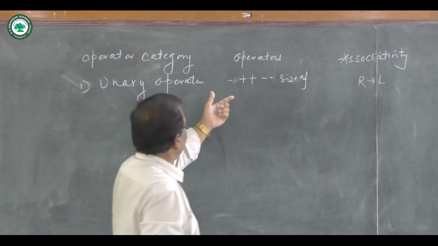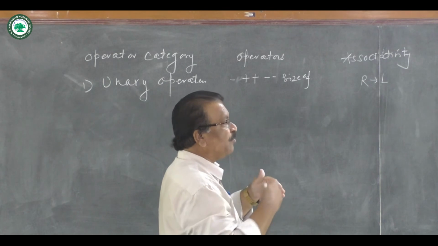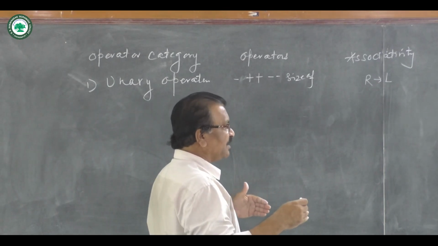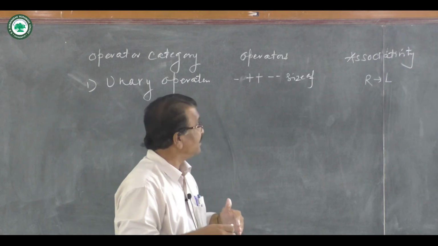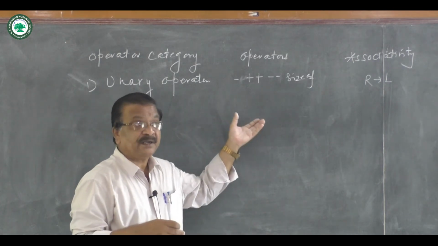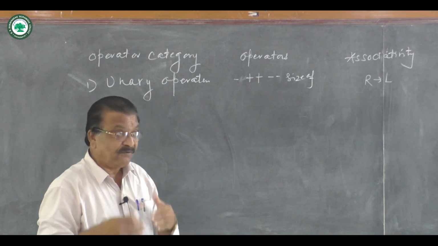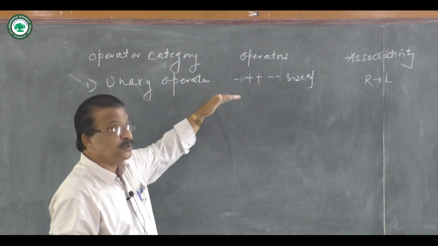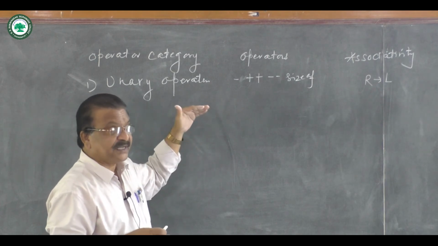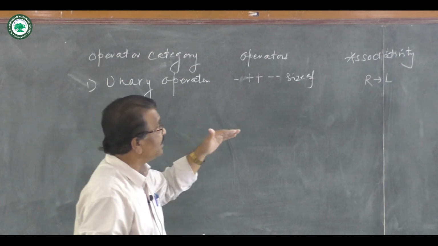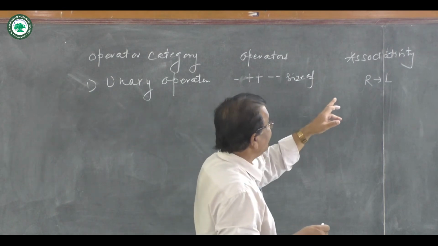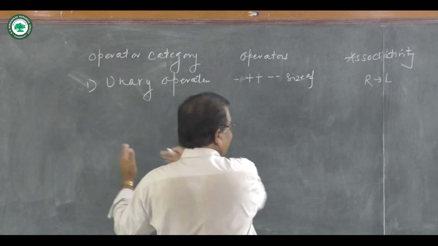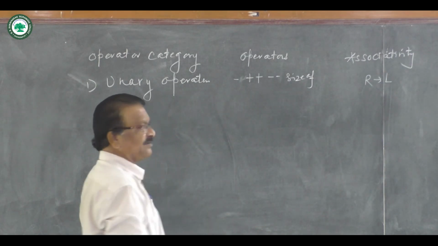Means these unary operators have topmost or highest priority or precedence when they appear in an expression. When an expression is evaluated, unary operations will be performed first. If more than one unary operator appears, such as both increment as well as decrement, then they will be evaluated in order from right to left. So this is right and this is left.